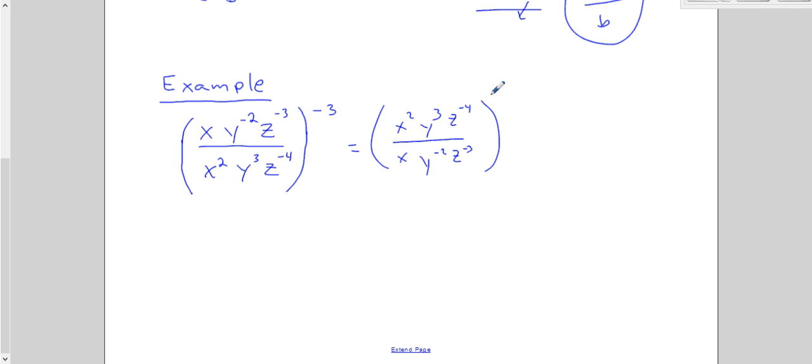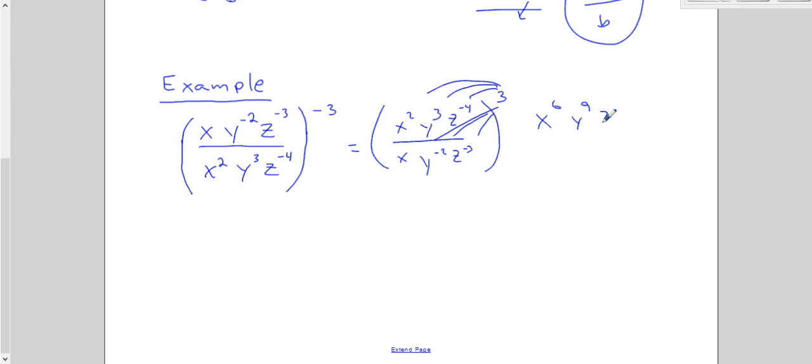Okay, now I have a positive 3 on the outside for my exponent. I have to distribute that to every single exponent, both top and bottom. So that's going to be x to the 2 times 3, so 6. The exponent on y is 3 times that 3 out there to be 9.